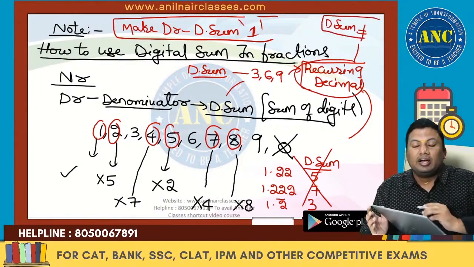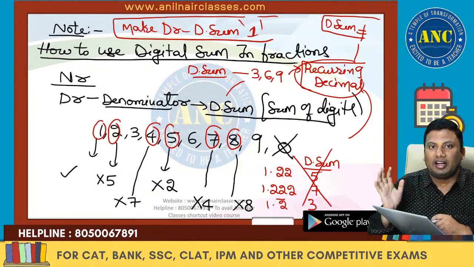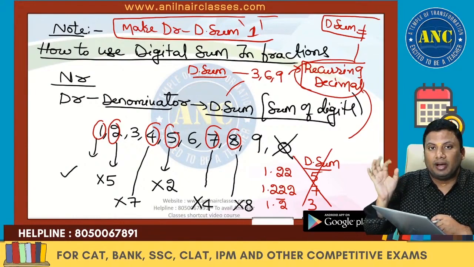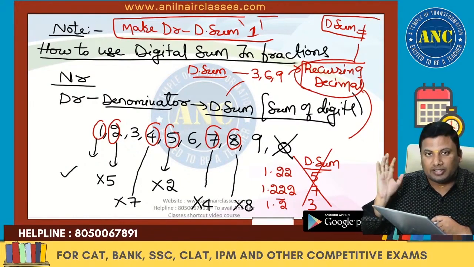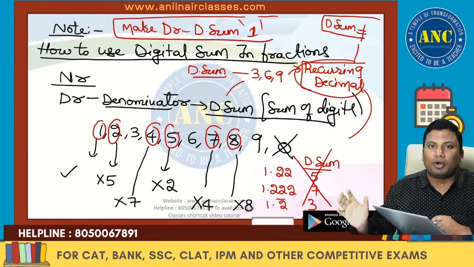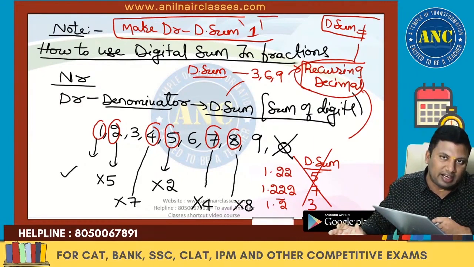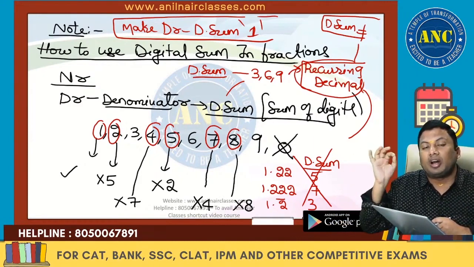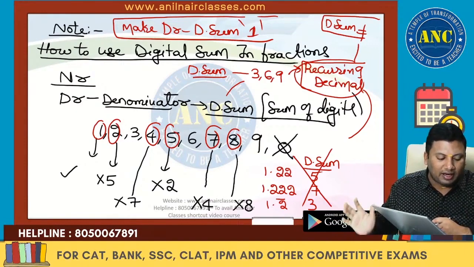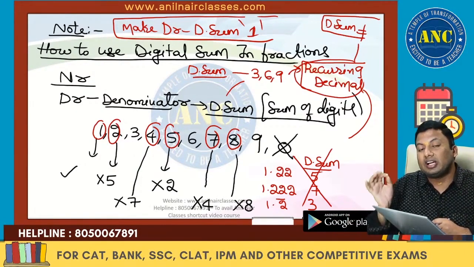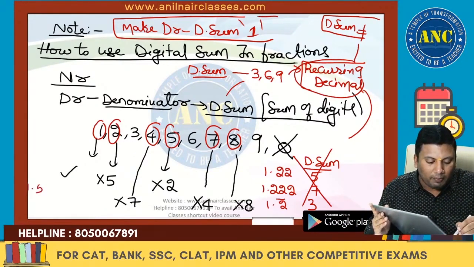Digital sum works for terminating decimals. Please make a note in your notebook. Digital sum does not work when the values are approximated. Digital sum does not work for recurring decimals.